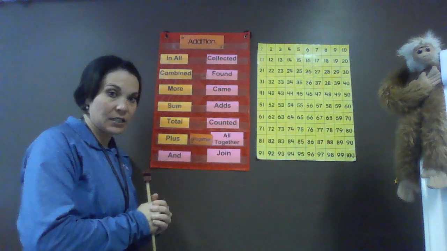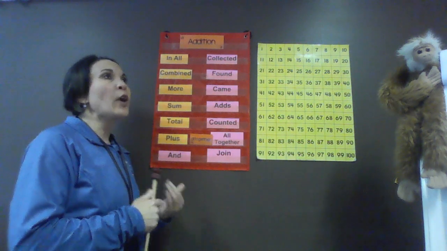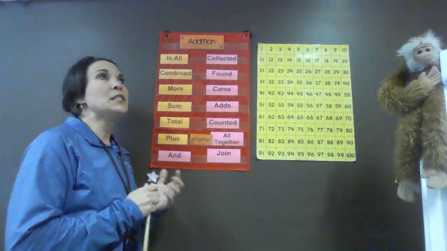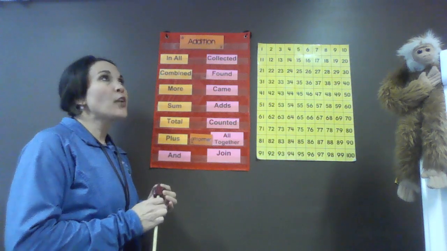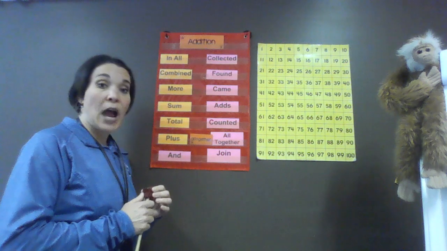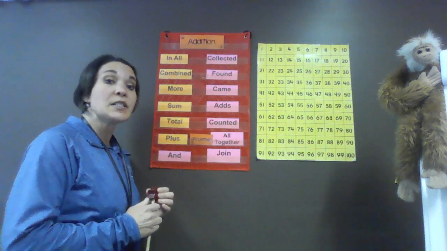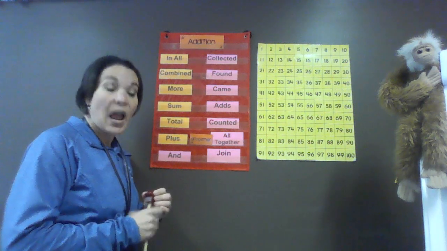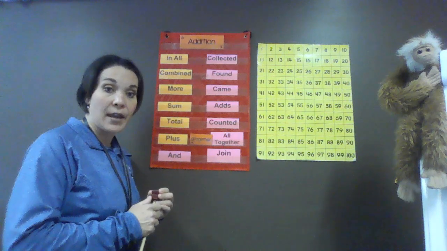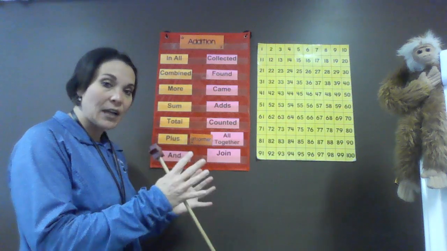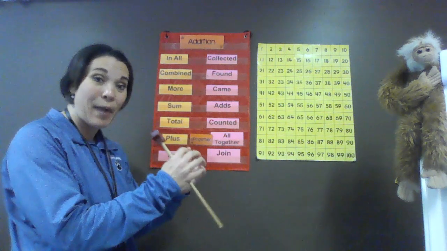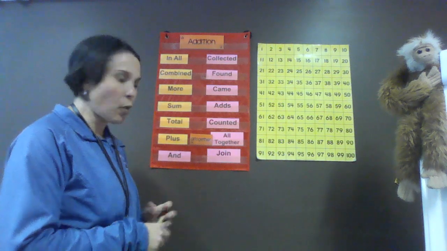In order for and to be used as an addition problem, you could say Jennifer found 6 shells and 7 shells. How many shells did Jennifer find? When you're talking about two separate numbers and thinking about combining them, that's where you're going to be getting the addition part of and.